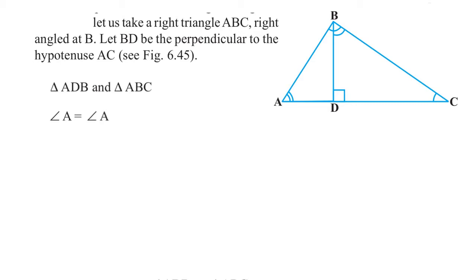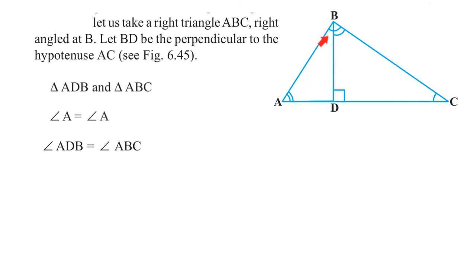And can I say angle ADB is equal to angle ABC? Angle ADB, this angle, how much is that? 90, is equal to ABC. How much is angle B? Right angled at B. So angle B is also 90. So ADB is equal to ABC.